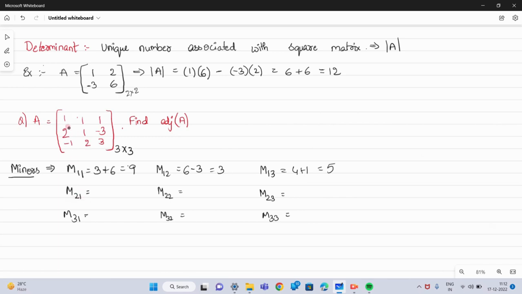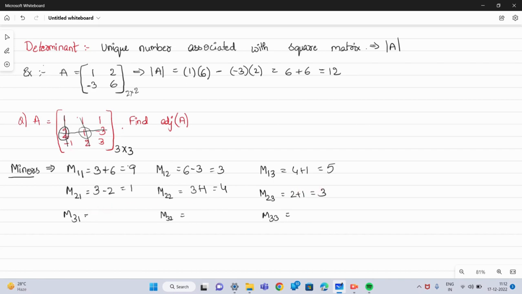Now for A21, hide its column and row. The remaining entries, take the determinant, which is 1 three is 3, minus 2, which gives 1. Similarly for M22, take this element and hide the rest, which gives 3 plus 1, which is 4. For M23, it is 2 plus 1, which is 3.